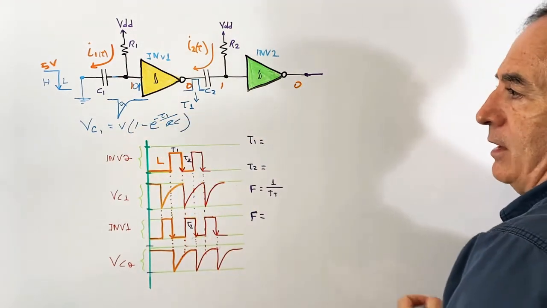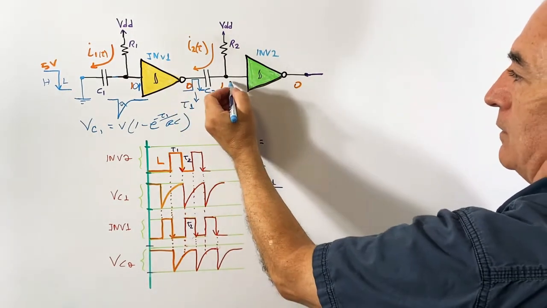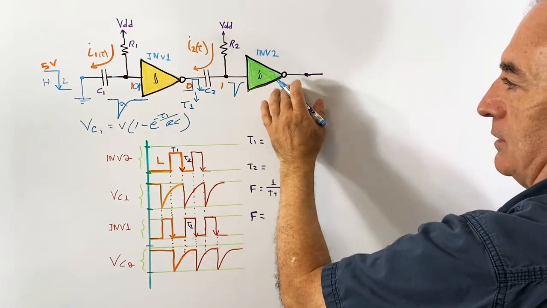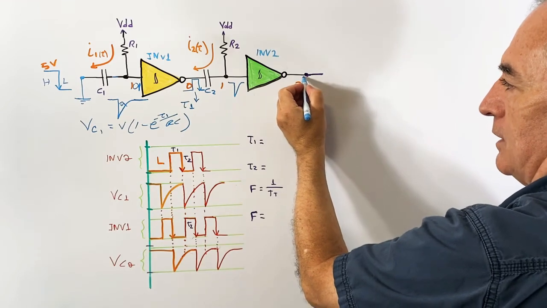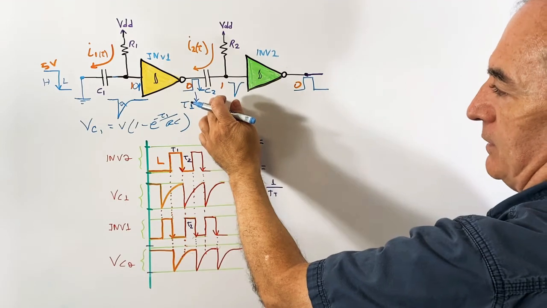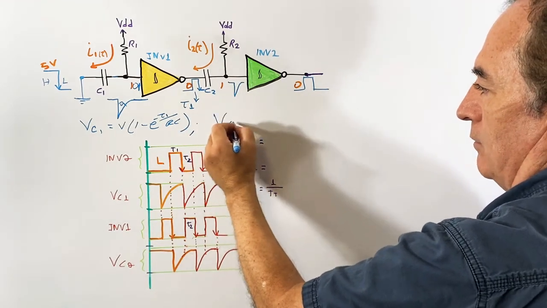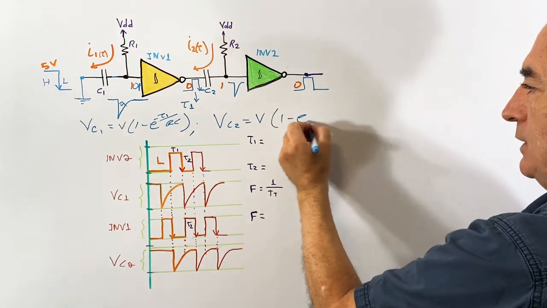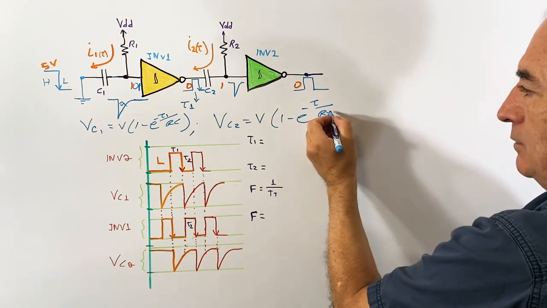Okay, now at the rising edge of this signal you get another pulse here, and this pulse triggers this Schmitt trigger, and then you have another positive pulse, and the voltage across capacitor 2 is equal to this formula, voltage times 1 minus e to the negative t over R2 C2.